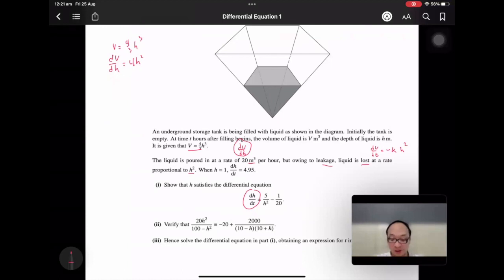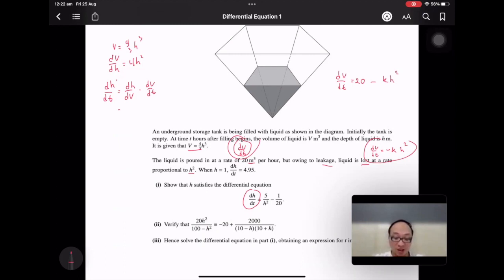And to find dh/dt, dh/dt is dh/dV times dV/dt. The dV/dt can be taken from these two pieces of information. So dV/dt is equal to 20 for the input, minus the leakage loss of k h squared.